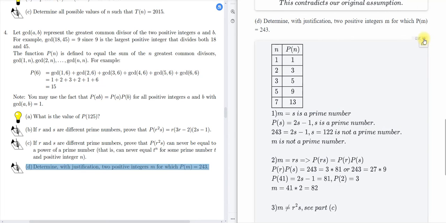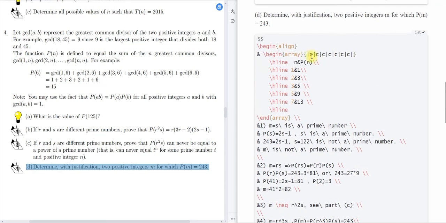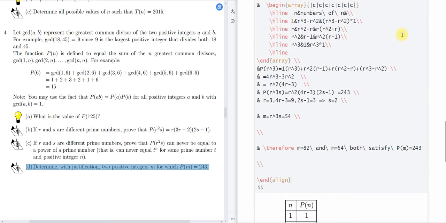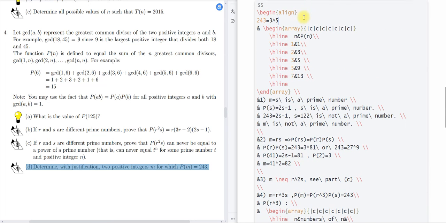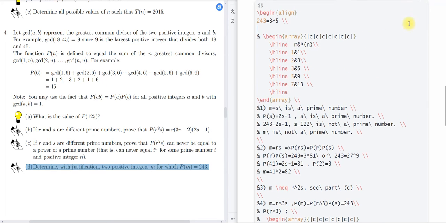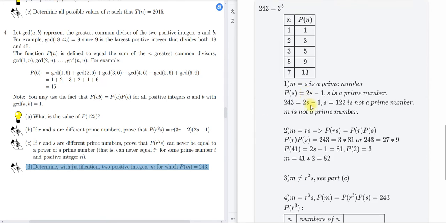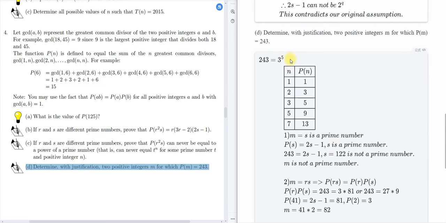We see that 243 equals 3 to the power of 5. Okay, here's a simple table for P1, P2, P3, P5, P7.